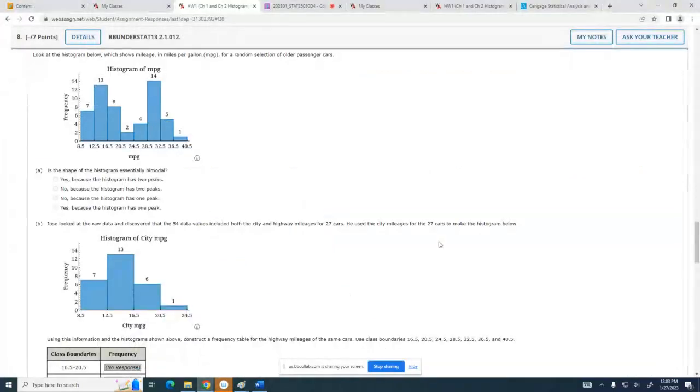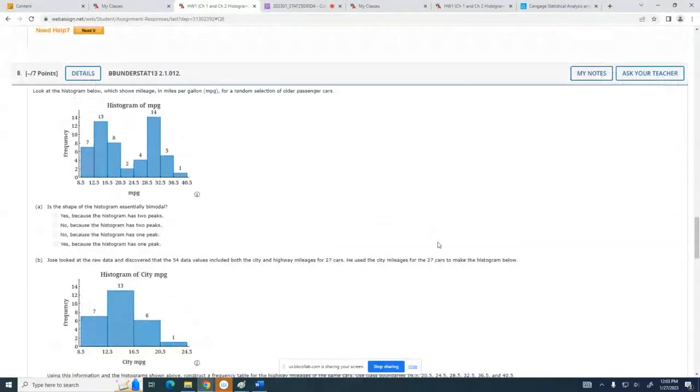In this homework, here's the data for the mileage, in miles per gallon. That is the numerical value.